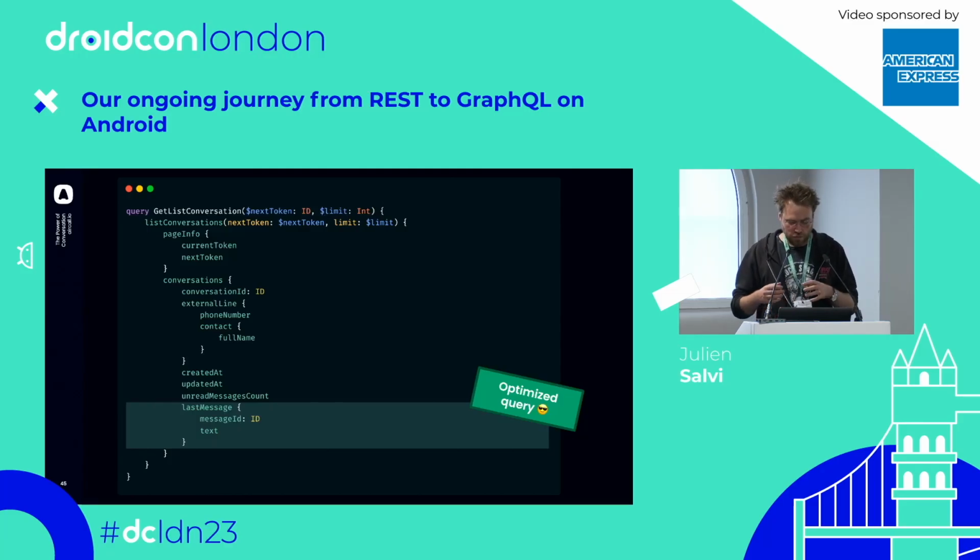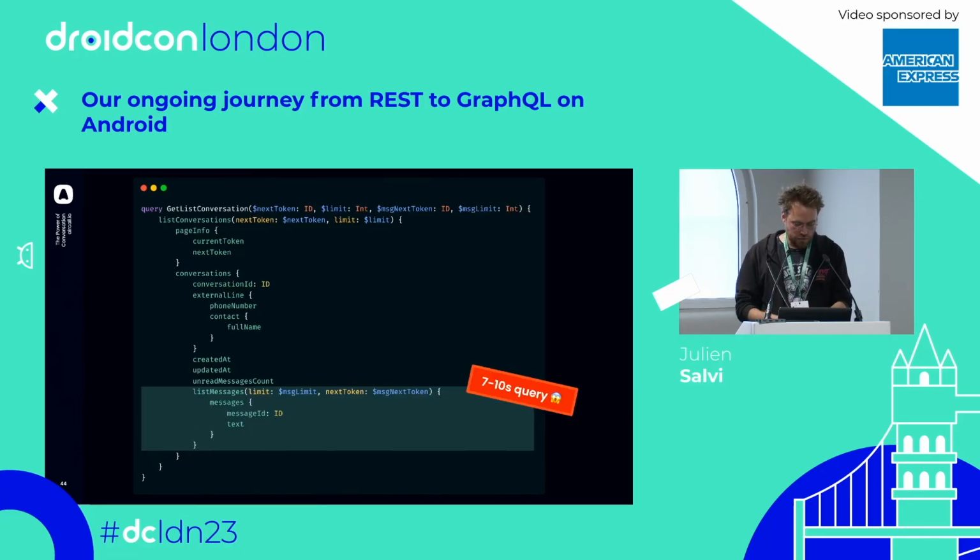So there was a lot of optimization behind that. It could have been the same API, just using list messages, but really the optimization was on the backend side. So if you spot a long query, always think with your backend teams to try to find the best solution to improve the whole thing.